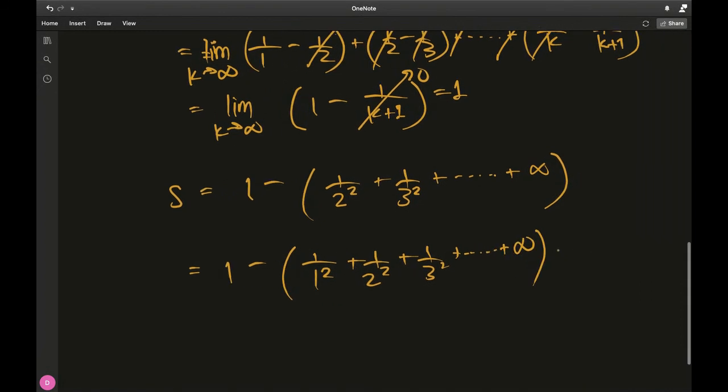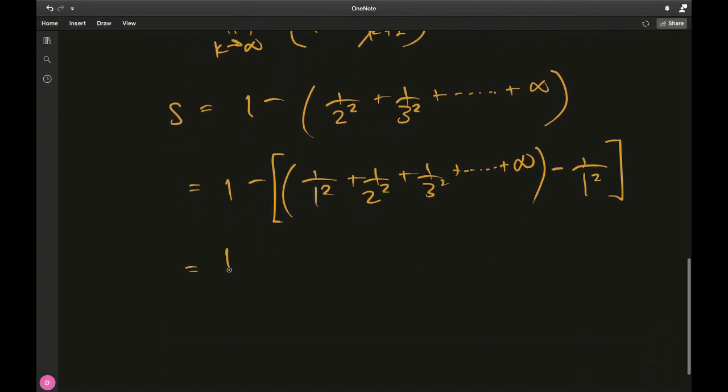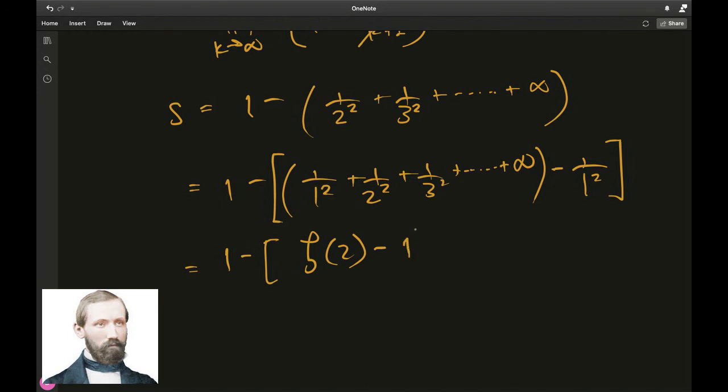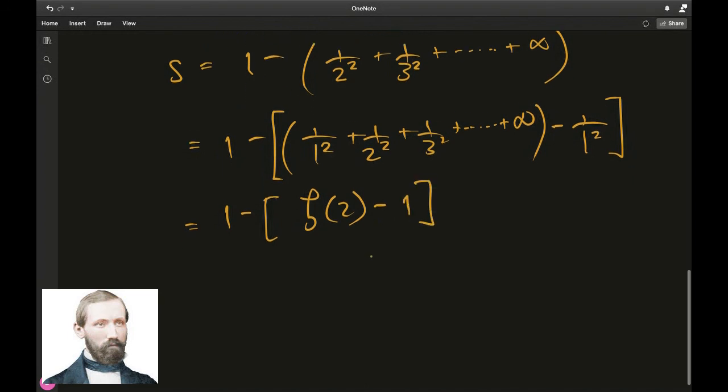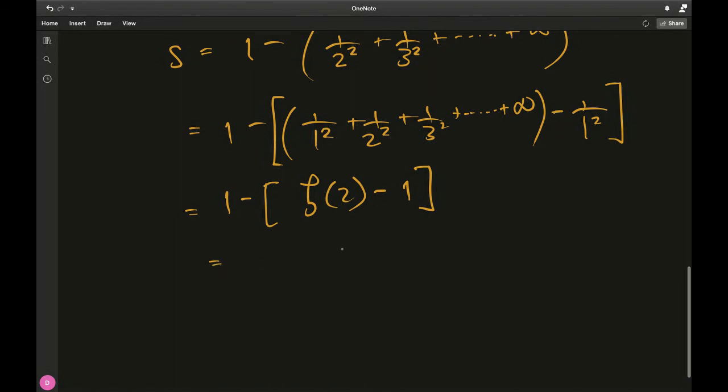But don't forget to subtract the 1 over 1 squared again, because originally it wasn't there, we just introduced it on our own. So what that does is this just becomes the Riemann zeta of 2 minus 1. So we have 1 plus 1 minus Riemann zeta of 2, which is 2 minus the Riemann zeta of 2.